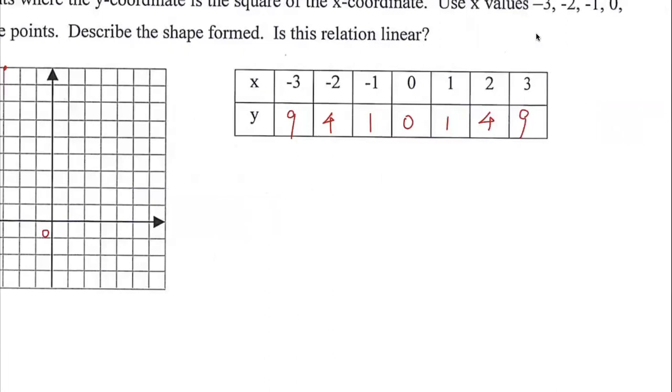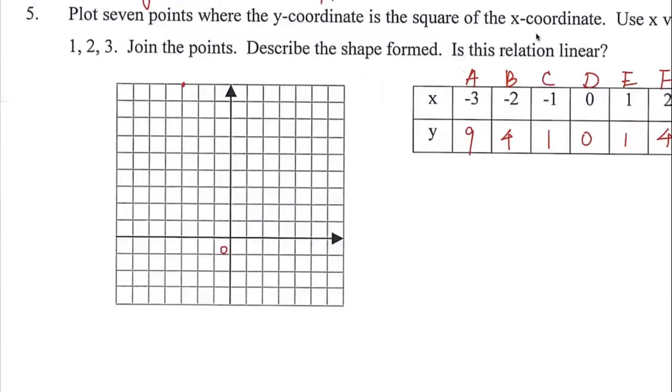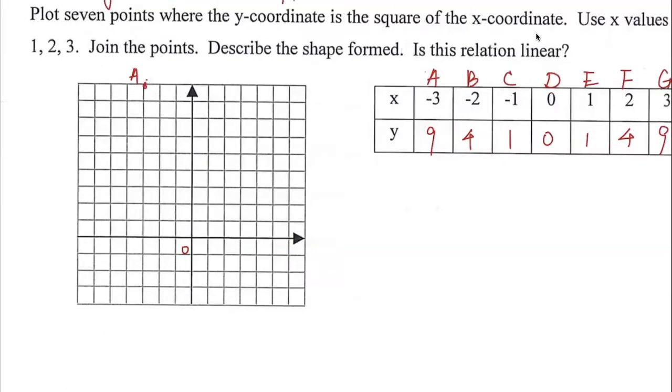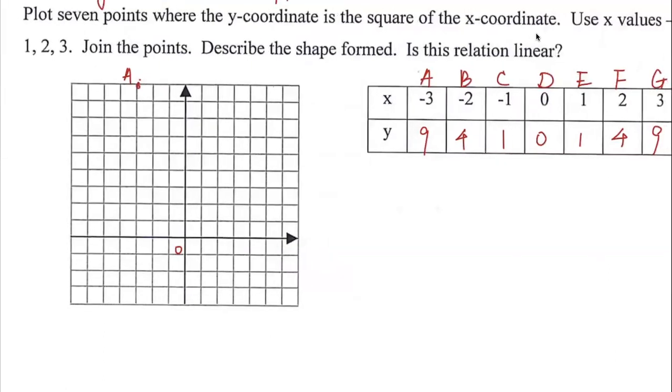So again, let's call these A, B, C, D, E, F. We have 7 points, right? And this is A. B is -2, 4. So we have -2, then 1, 2, 3, 4. This is B. Okay, C is -1, 1.